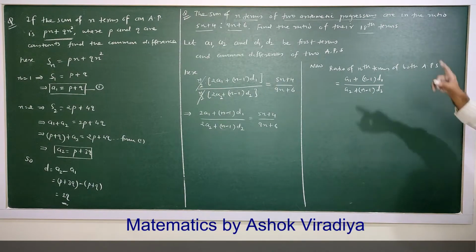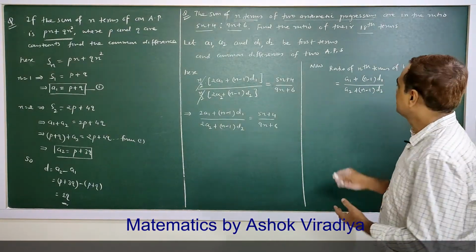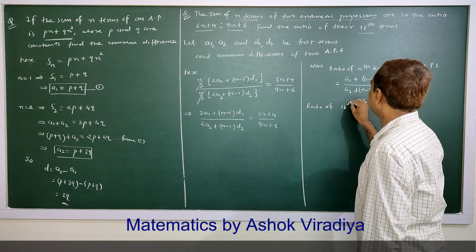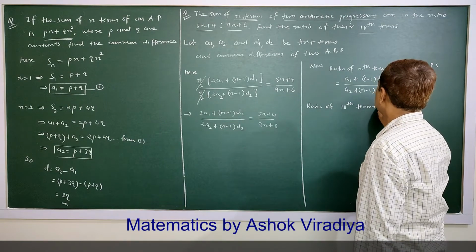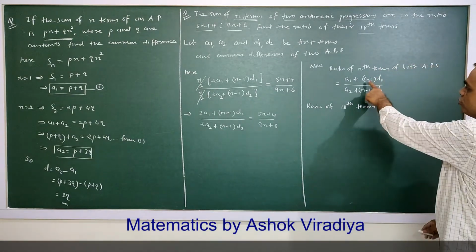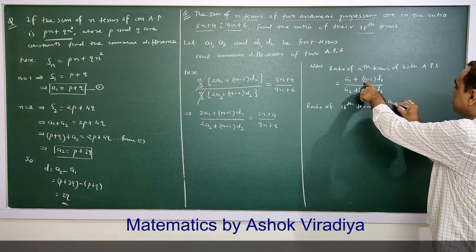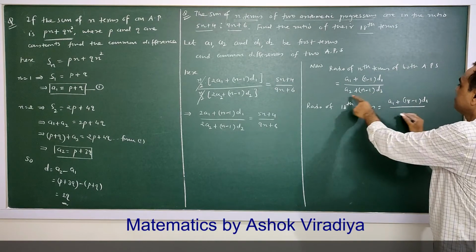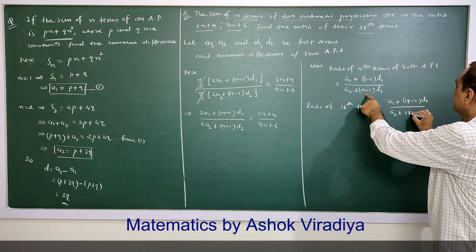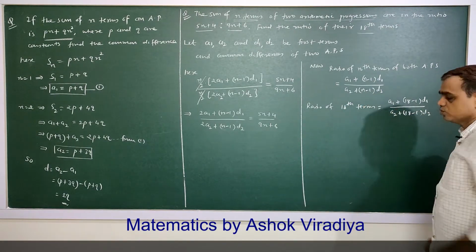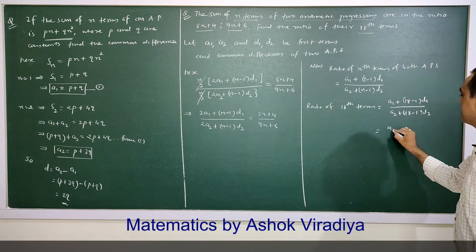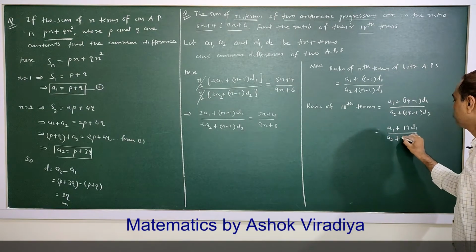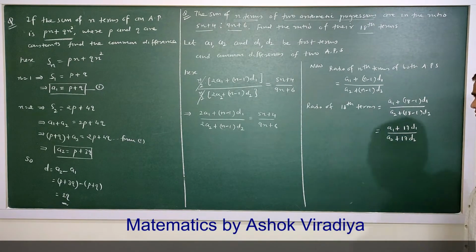Now what we want? We want ratio of 18th terms. So ratio of 18th terms is equal to, we have to put here 18. So A1 plus 18 minus 1 into D1 upon A2 plus 18 minus 1 into D2. So it is A1 plus 17 D1 upon A2 plus 17 D2.